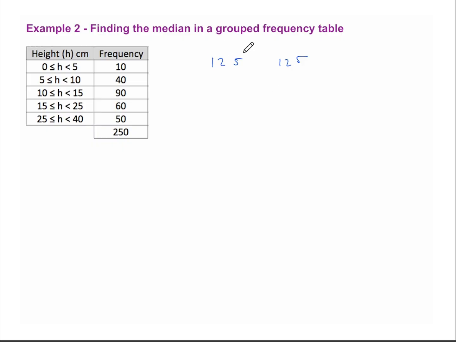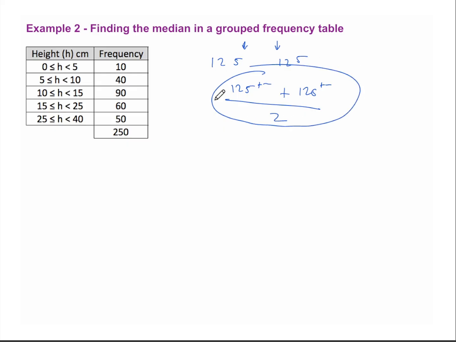Therefore, the median is the average of the last point in the lower half and the first point in the upper half. That means it is the 125th data point plus the 126th data point divided by 2. That's going to be our median.